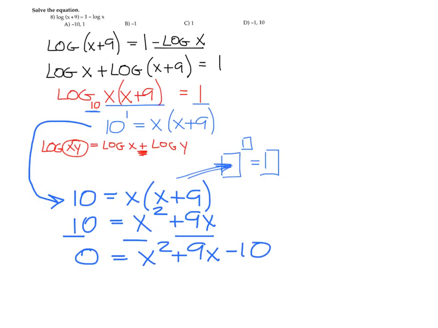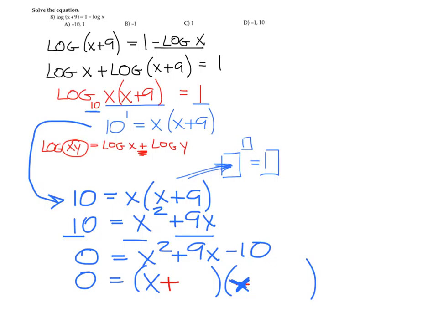Now, how you solve this is up to you. You could use the quadratic formula, or maybe we could factor it. Let's give it a try. If I have a minus on this end, that means you're going to have alternating signs. Actually, there should be an x here.